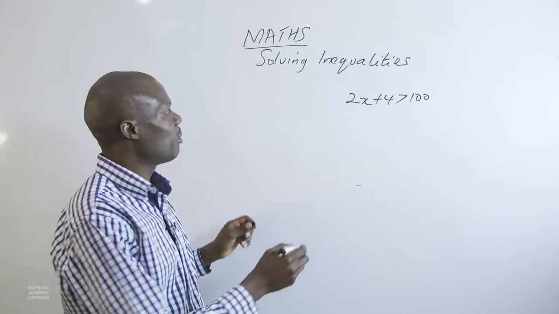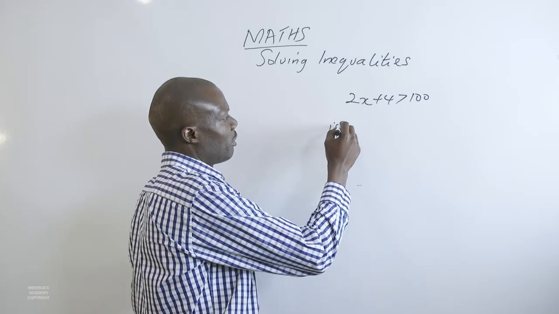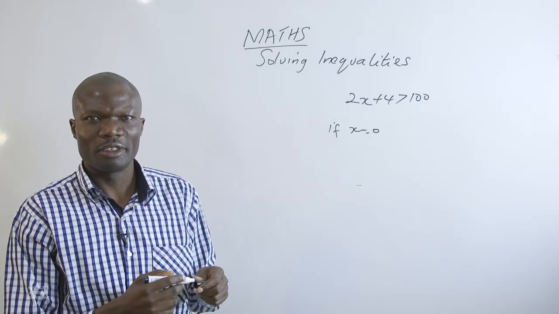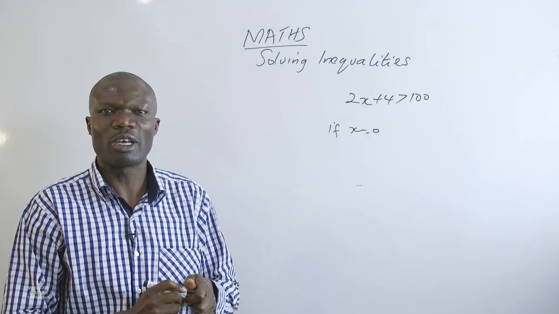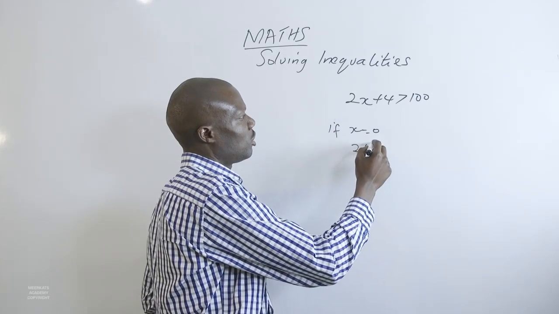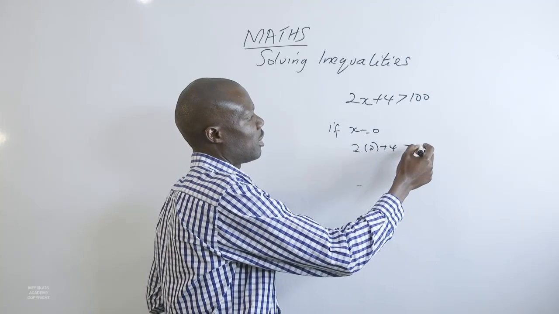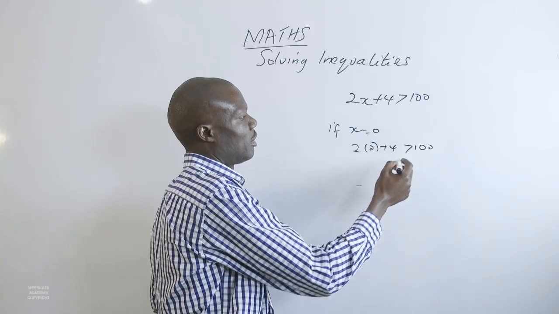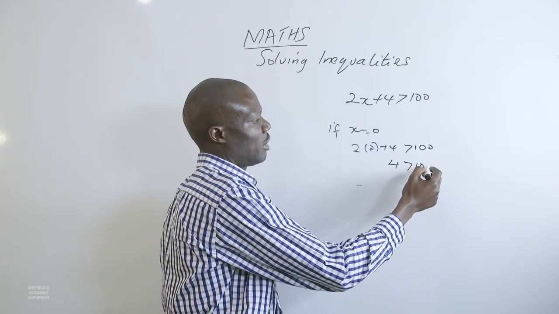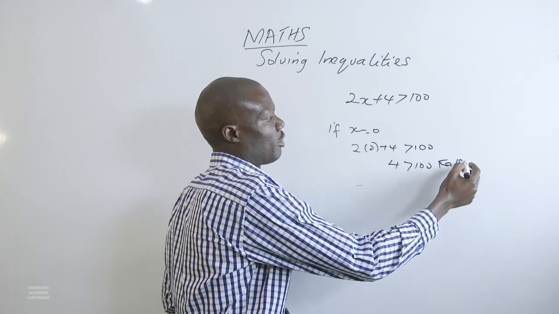Take, for example, if x is 0, then the inequality becomes false because 2 times 0 plus 4 is greater than 100 would be equivalent to 4 is greater than 100. This is false.